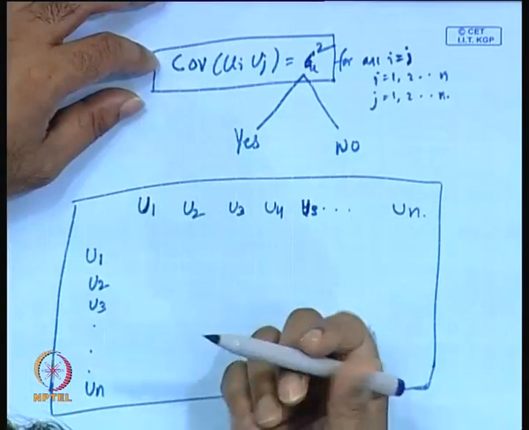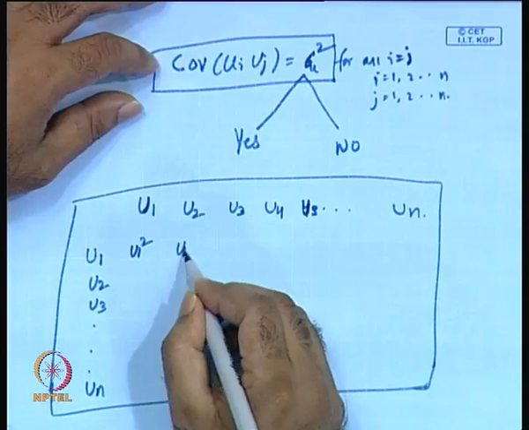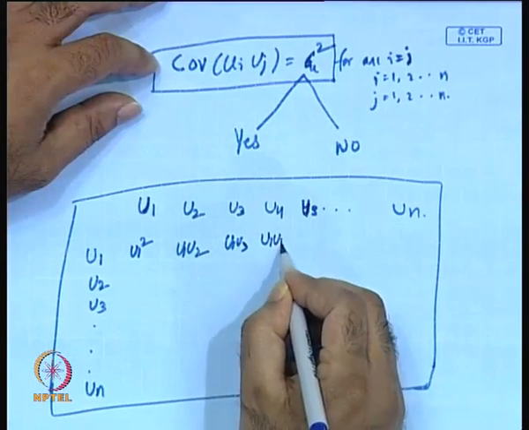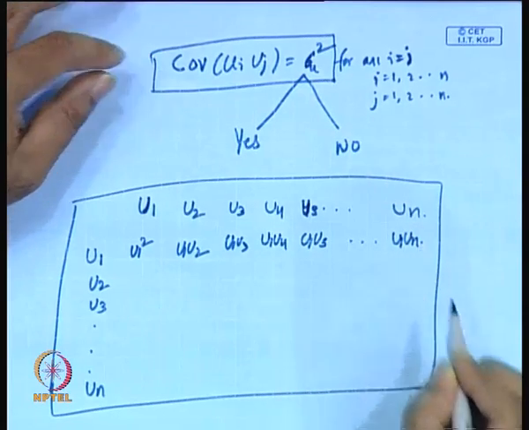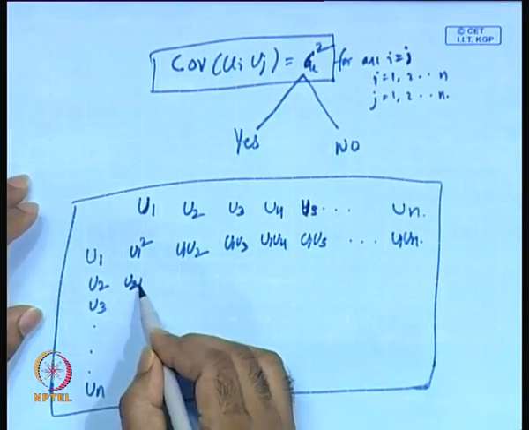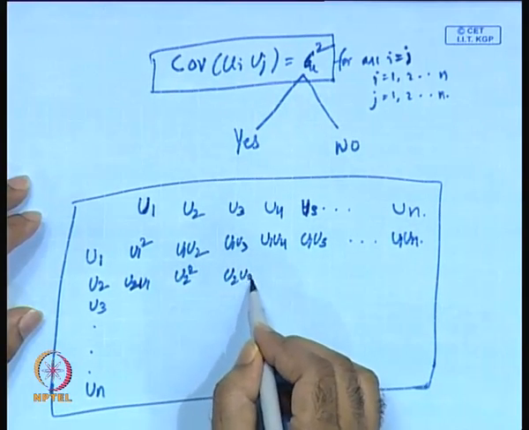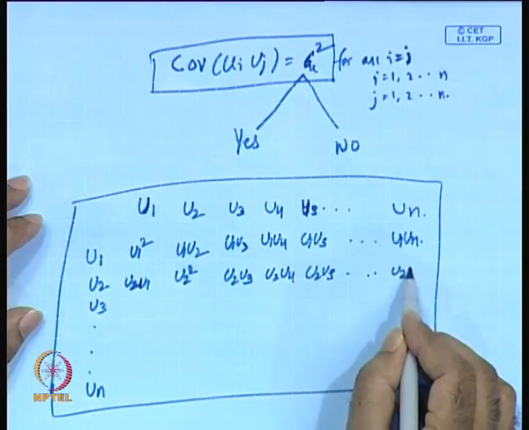Now, by the moment you say variance covariance matrix, we can prepare it this way. It is nothing but u1 squares, then u1 u2, u1 u3, u1 u4, u1 u5, continuing to u1 un. This is the first component. Then similarly u2 u1, u2 squares, u2 u3, u2 u4, u2 u5, continuing to u2 un.